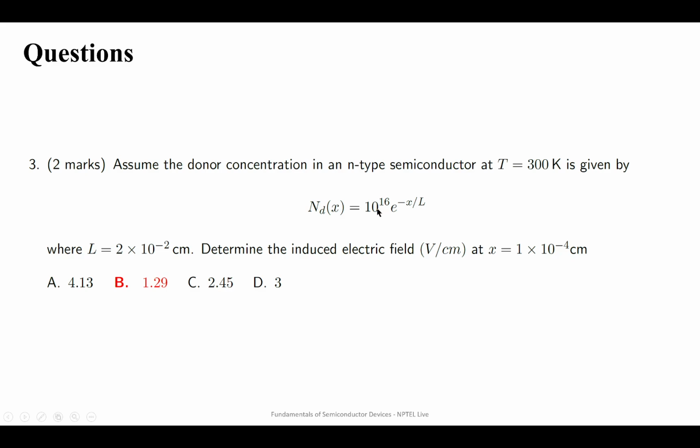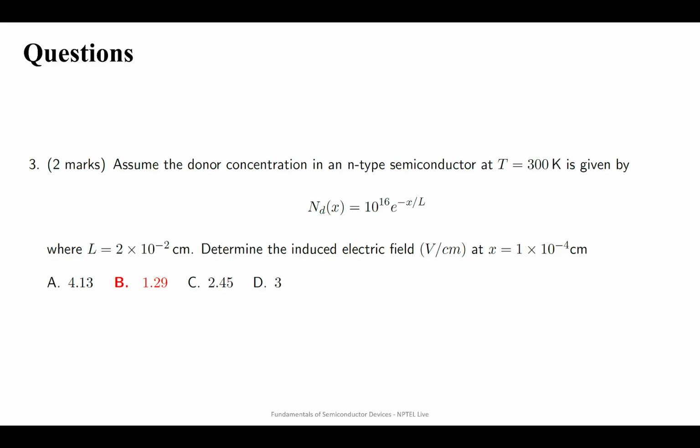So that will come out to be ln 10 power 6, and then this term becomes ln of e power minus x by L. This term becomes minus x by L. So it will become ln 10 power 6 into kT minus x by L into kT.